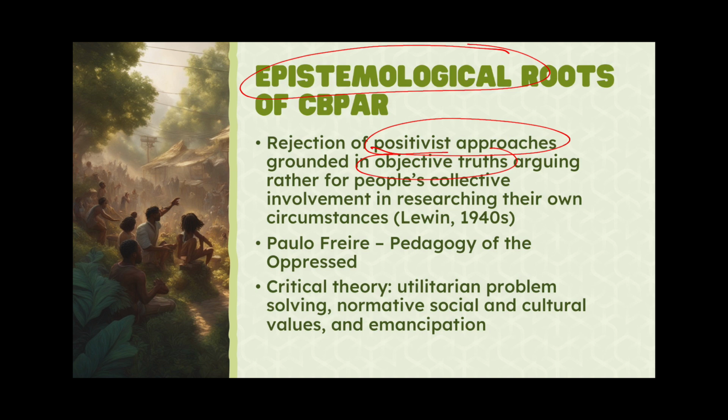So it's really about how we think about community problems and community issues from the people's collective involvement in researching their own circumstances. They know what is up. They know the complexities of the problems entrenched within their social realities.